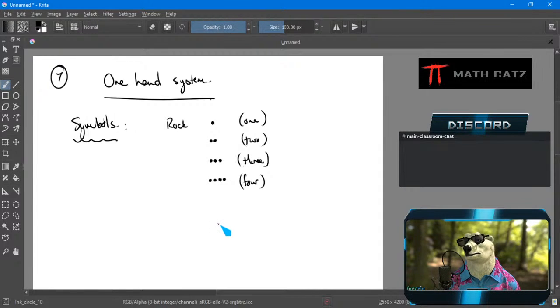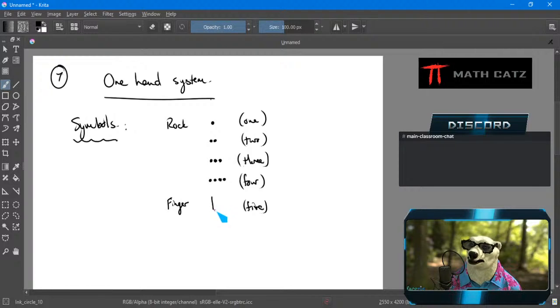But then, similar to the Romans, they realized that, well, if I have too many of these of the same symbol, it's going to blur together and I can't quite recognize what I'm doing here. So when I want to represent 5, that's a V there, I'm going to introduce a new symbol and I'll use a finger.